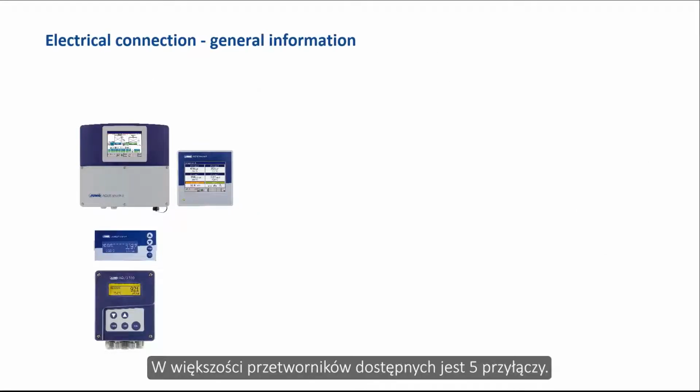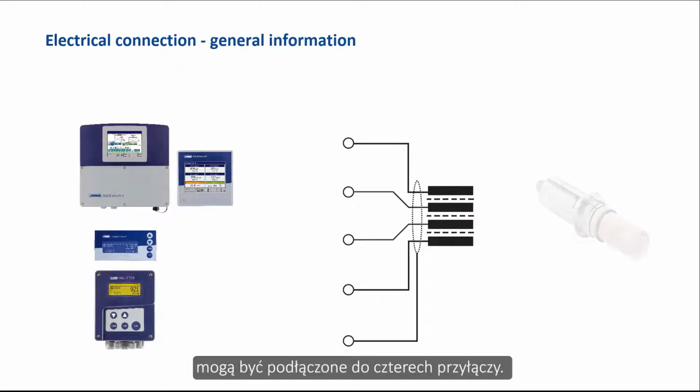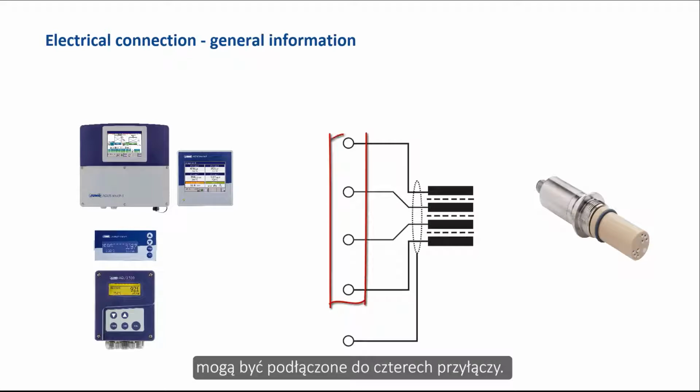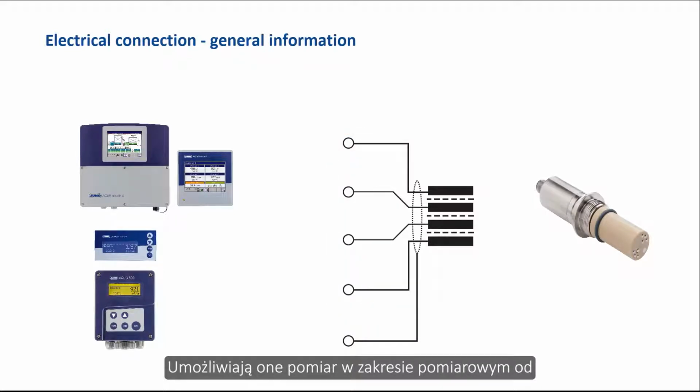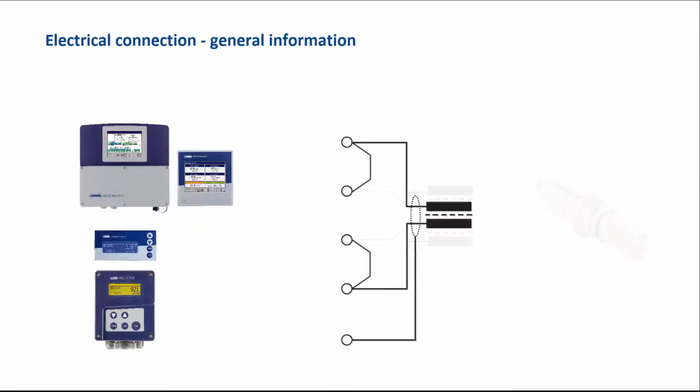Five connections are available on most transmitters. On the one hand, 4 electrode conductivity cells can be connected to 4 connections. These allow measurement in a measuring range of approximately 1 microsiemens per centimeter to 600 millisiemens per centimeter.